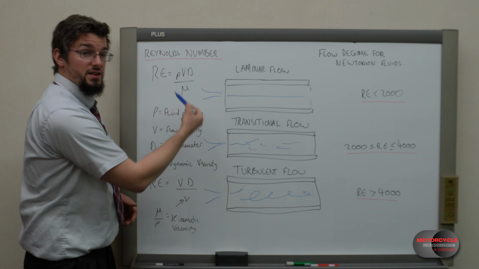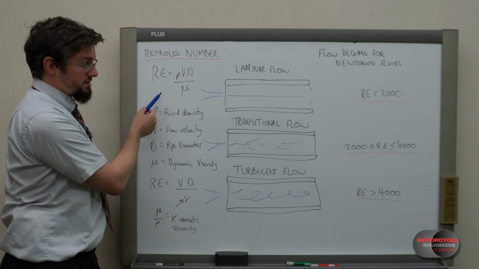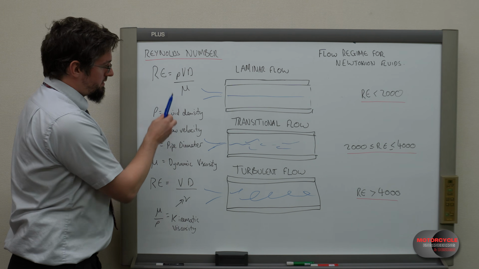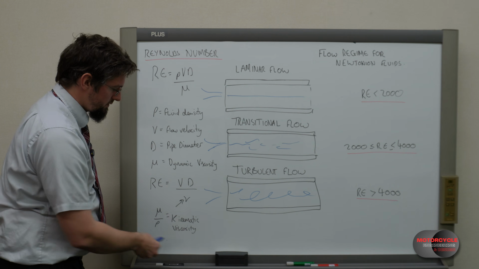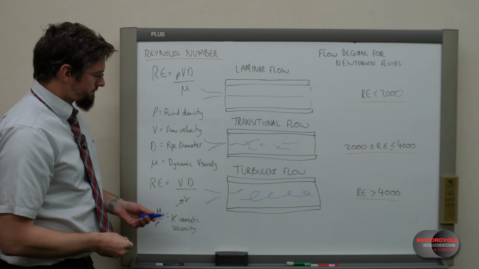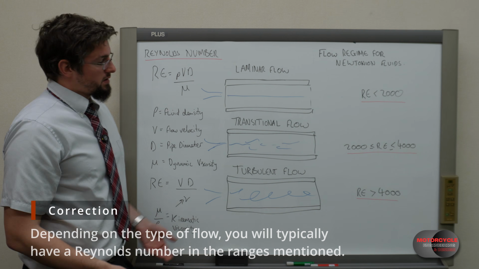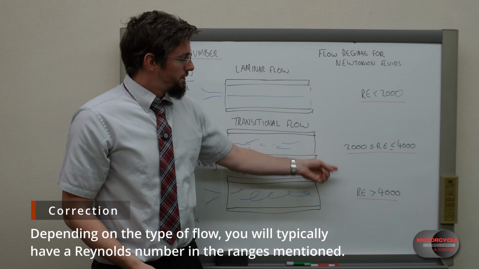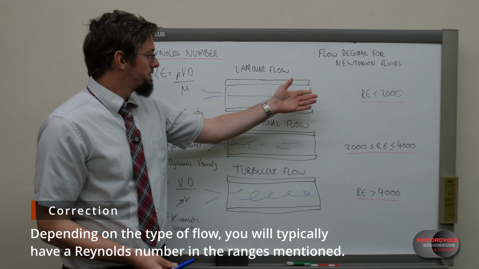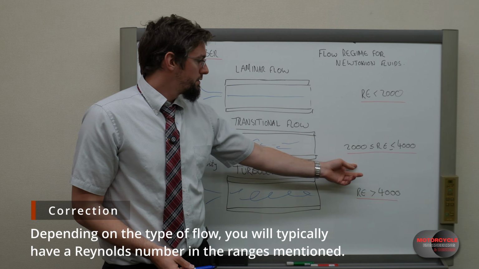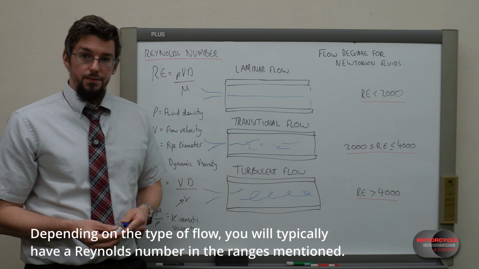And you can rearrange this: if we take out the density, we flip it with the dynamic viscosity, we can get the kinematic viscosity, making a slightly different equation here. Depending on the value that we output from this, we can determine what kind of flow we have. So if it's below 2000, we have laminar flow. If it's between 2000 and 4000, we have transitional flow, and over 4000 is our turbulent flow.